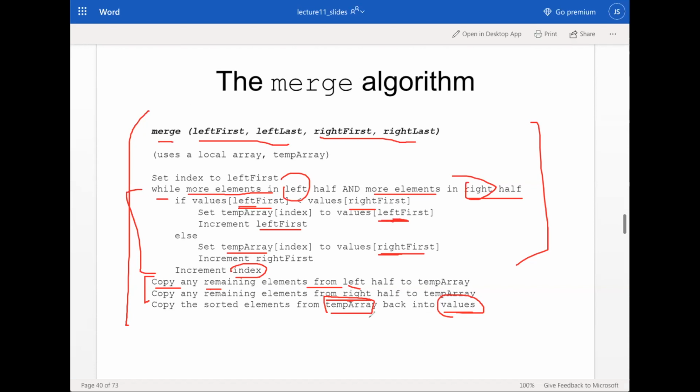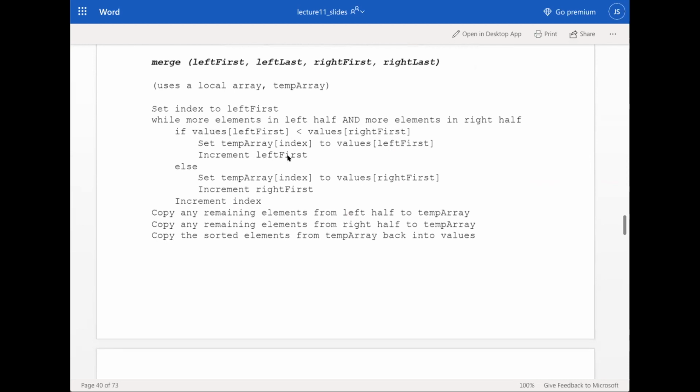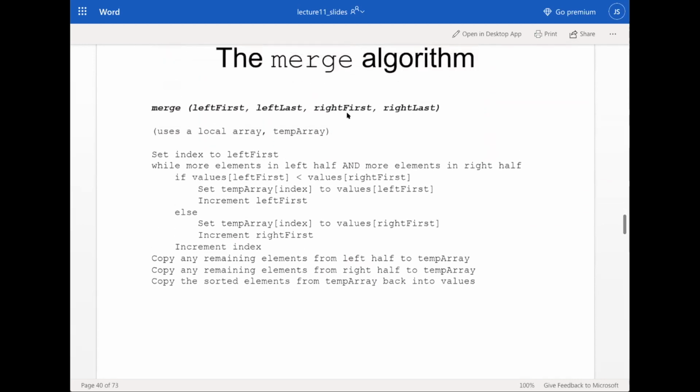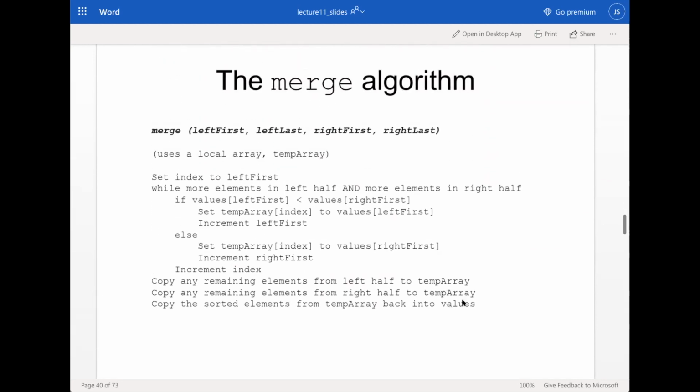Now it's going to have all of the elements inside of it sorted. Whether you want to use the original buffer or not is really up to your application, if you need the original buffer for future sorting.